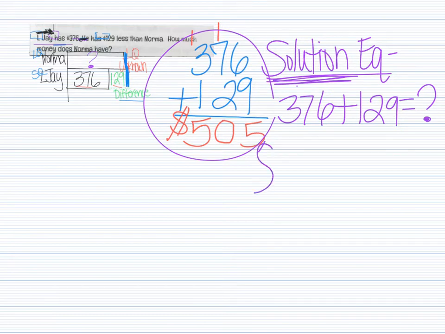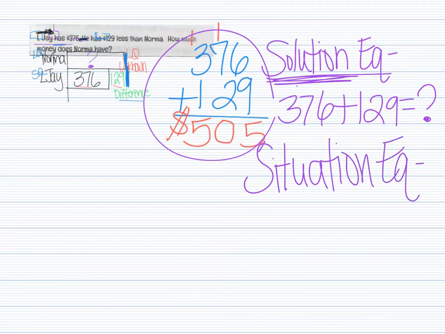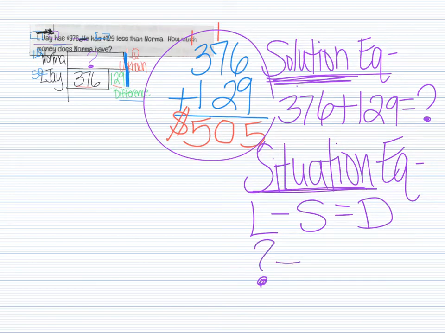My situation equation, remember, is larger quantity minus smaller quantity equals the difference. So did I know my larger quantity? No, I didn't. That's what I was looking for. So my question mark goes here. Minus, what was my smaller? Good, 376 equals, what was the difference?